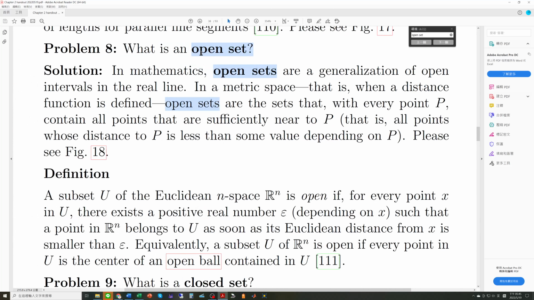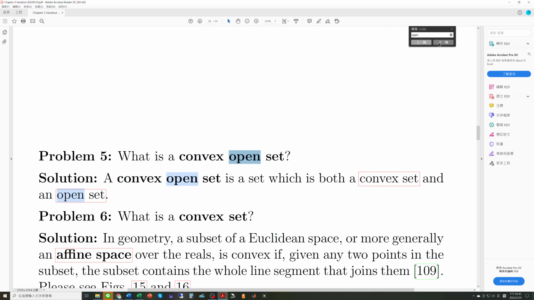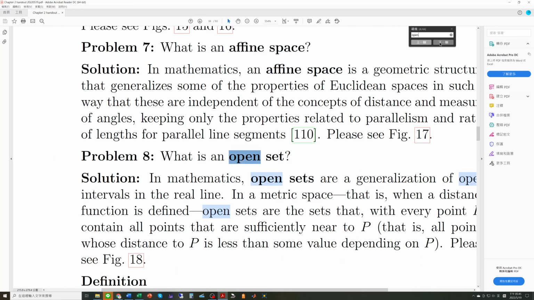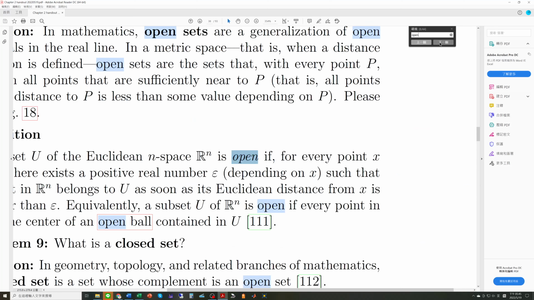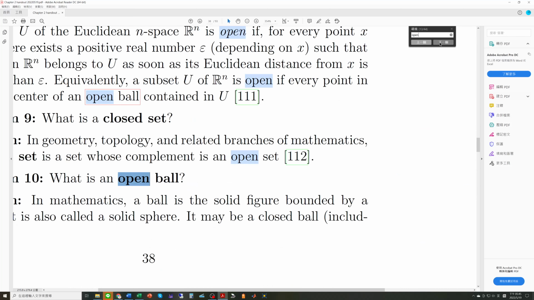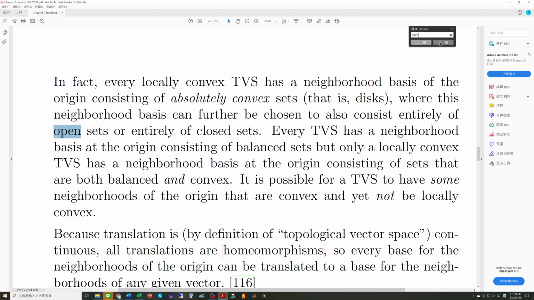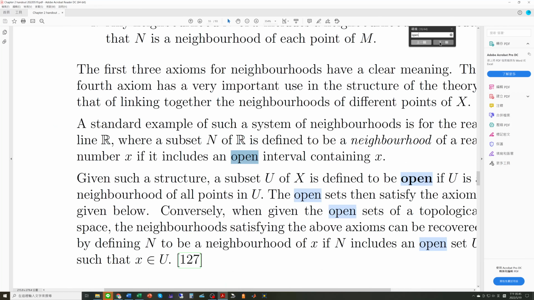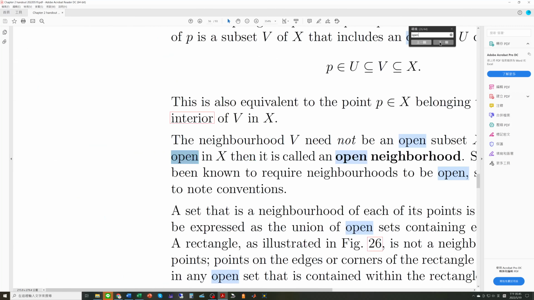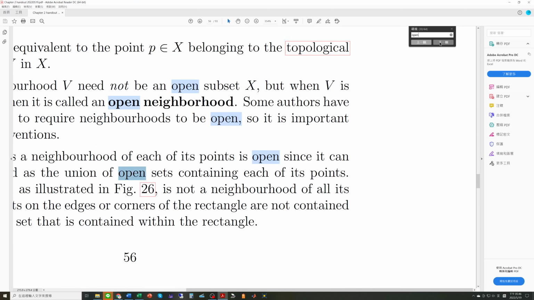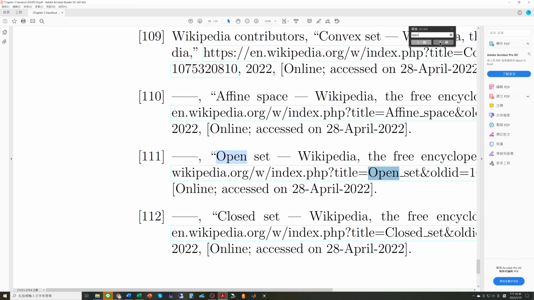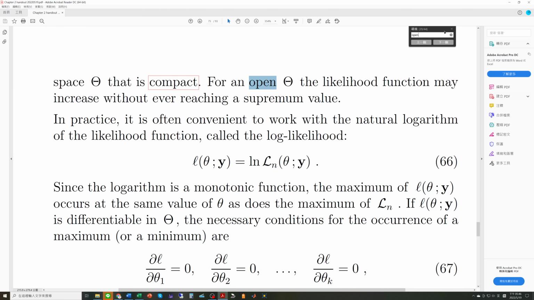So if you forget what an open set is, please review the solution to problem 8.